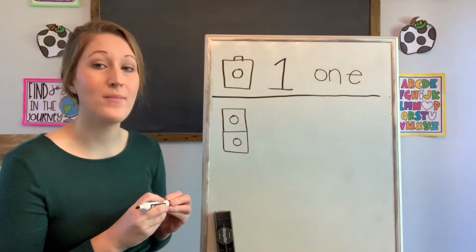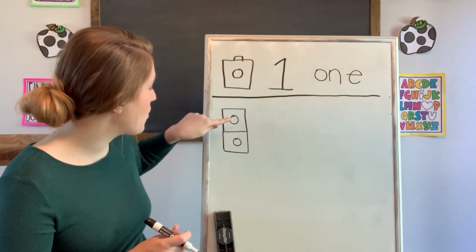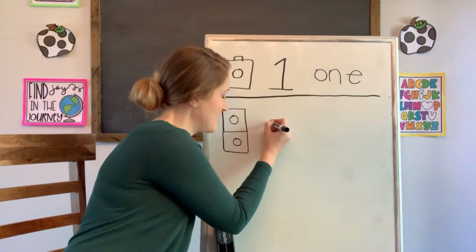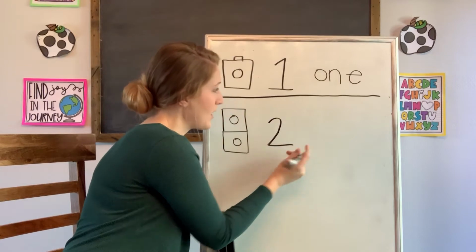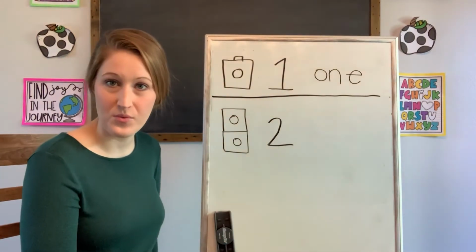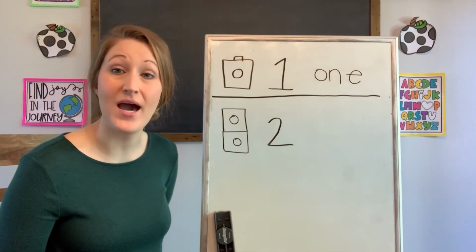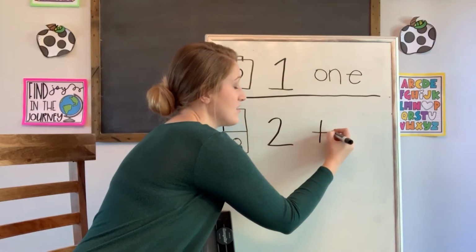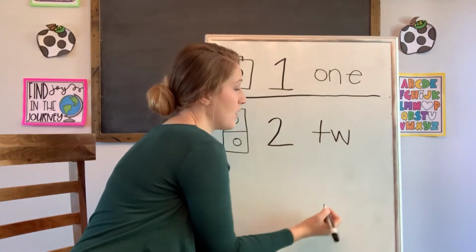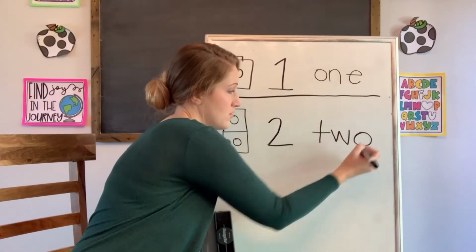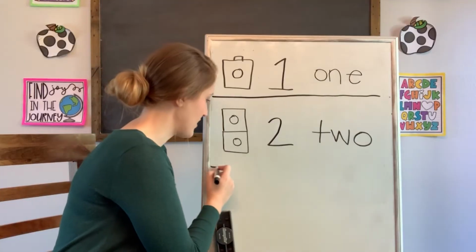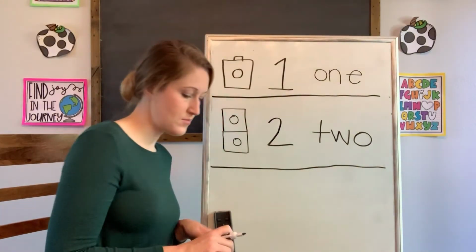Okay. And how many did we say there were? There's one, two. Very good. So I'm going to write my number 2. Now, if I wanted to spell the number 2, 2 is T-W-O. 2.